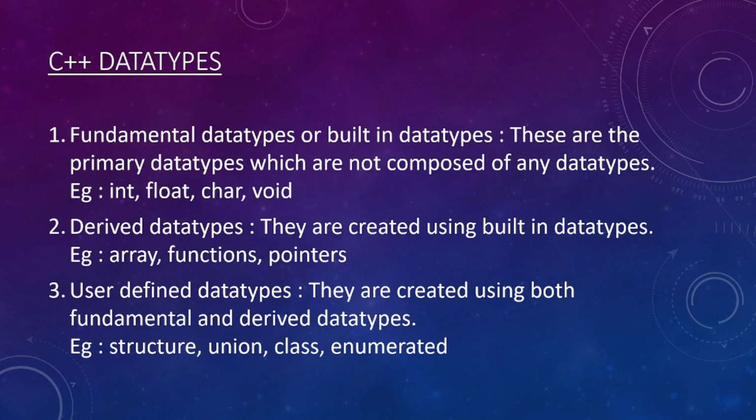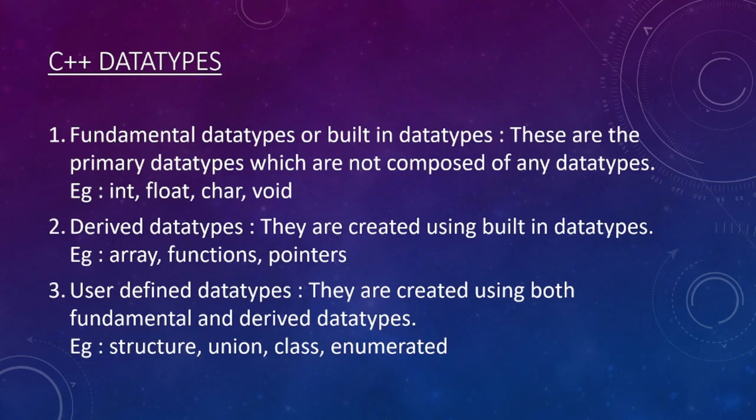What are these? These are the primary data types which are not composed of any data types. So what does this sentence mean? Let us take the example of colors. If you take the concept of colors, you have primary colors, secondary colors, and many colors.